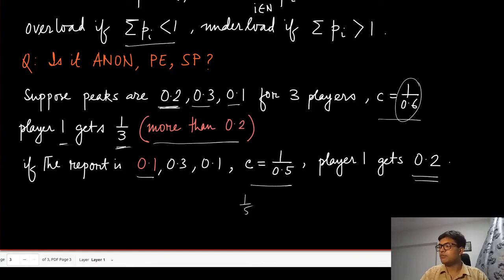So by misreporting its peak, agent 1 could get a better share of this task than what it is getting by reporting truthfully. So this mechanism, even though it is quite fair, where everybody is underloaded or overloaded in the same way, is not strategy proof. In the next module, we are going to look at a very interesting mechanism which is strategy proof.